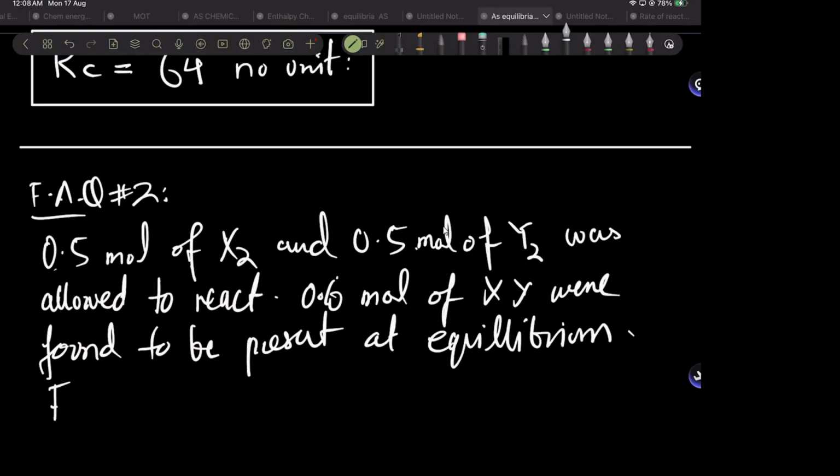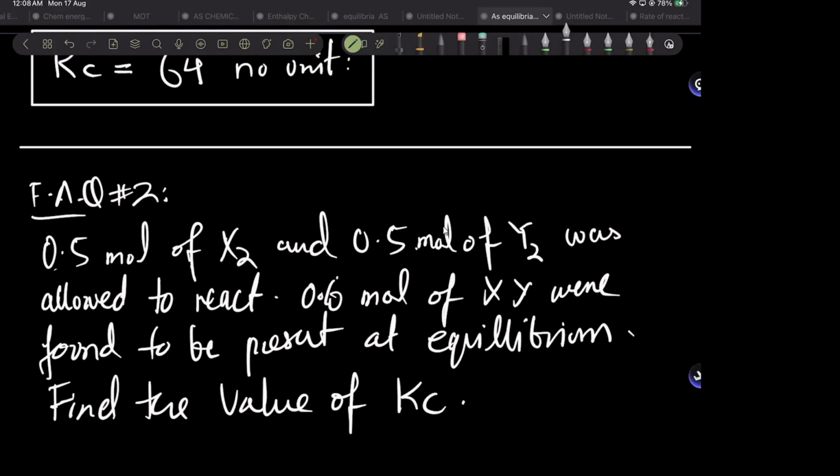It says to find, it's a very similar question, the value of Kc.